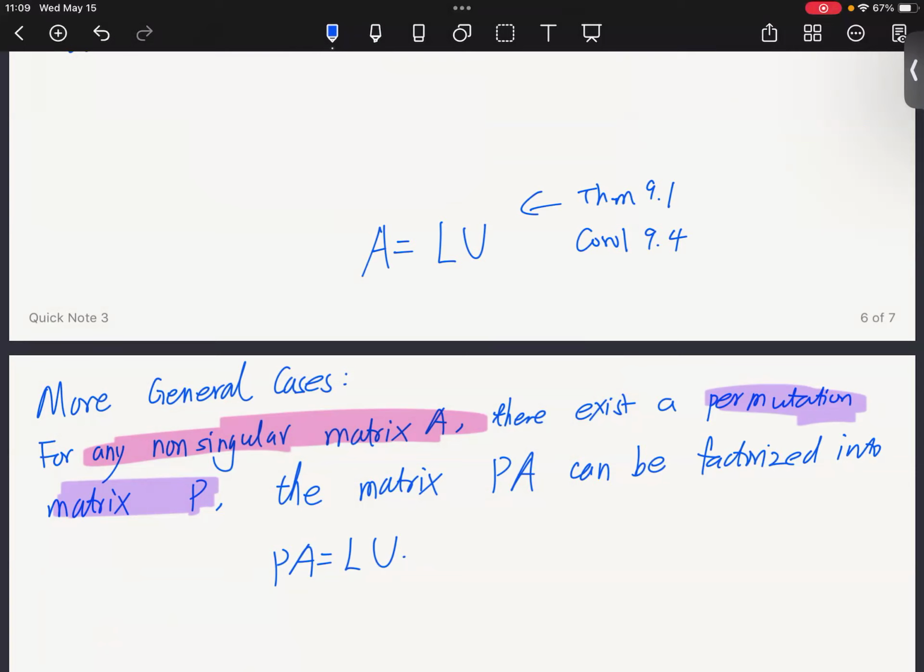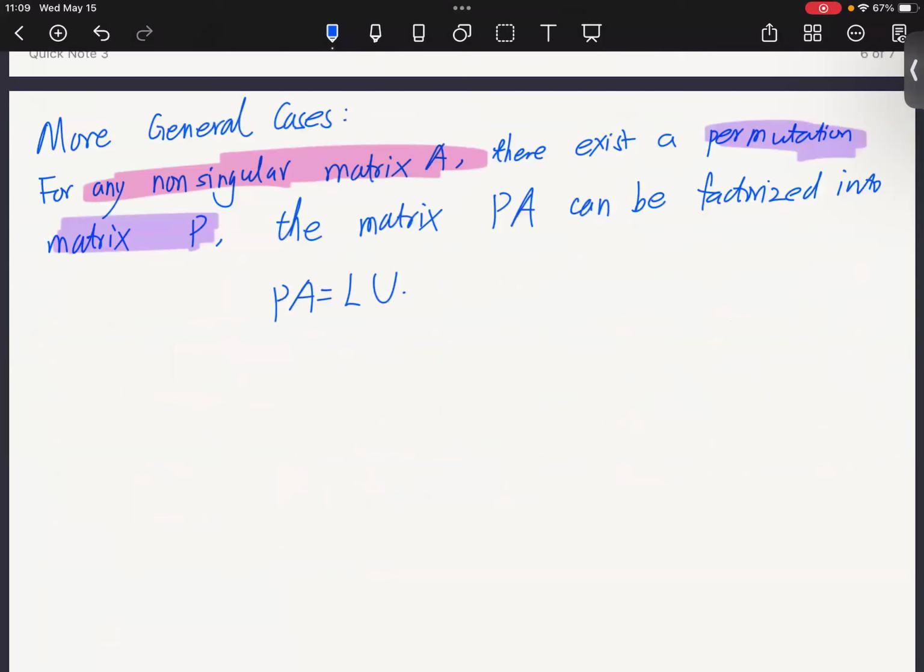For example, you are going to do some row exchange in your Gaussian elimination. You know what kind of row exchange you need, and then you can do the row exchange beforehand. This is the pre-processing here. You do the row exchange here.